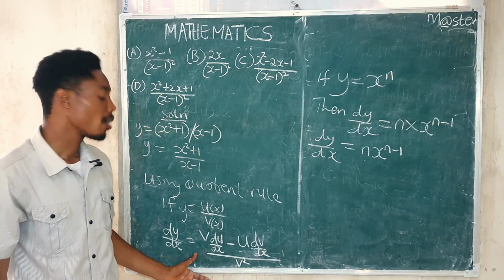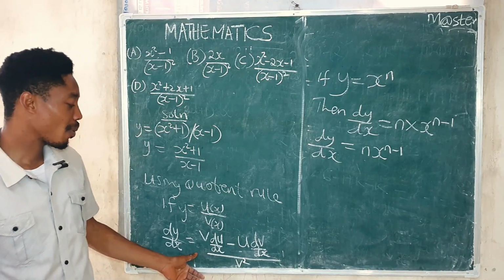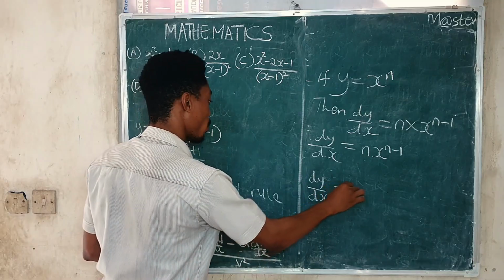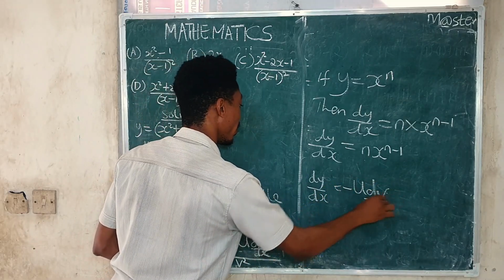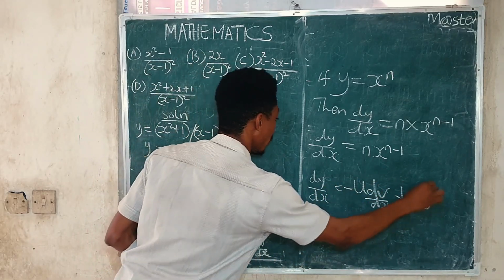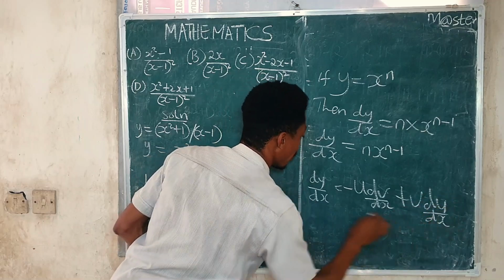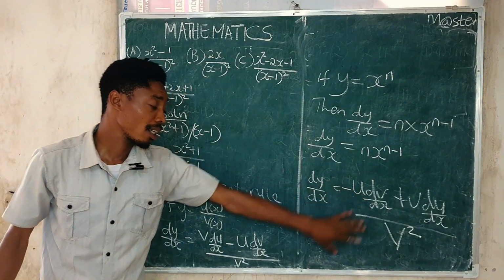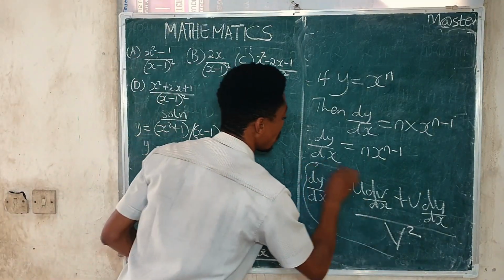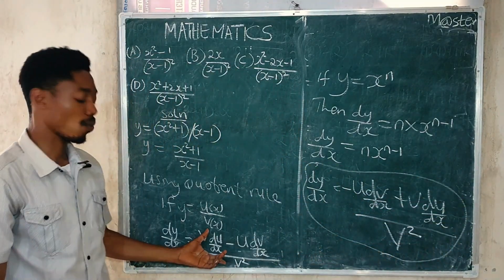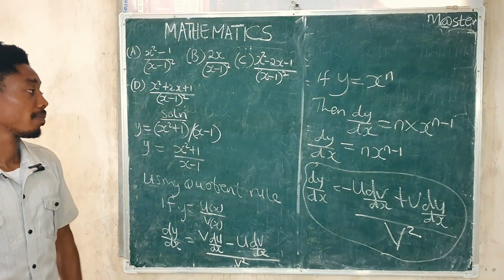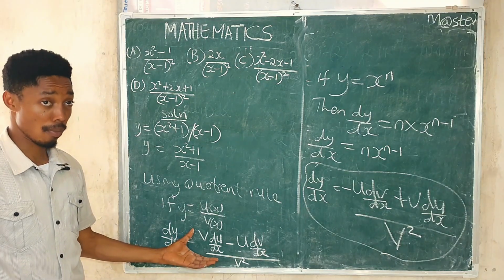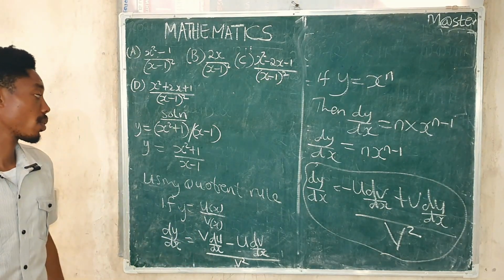This is the quotient rule. Another way you can write it is dy/dx equals minus u dv/dx plus v du/dx all over v squared. This is the same thing as what you are seeing here. So let's proceed. For convenience, I'm going to use this form to solve the question.